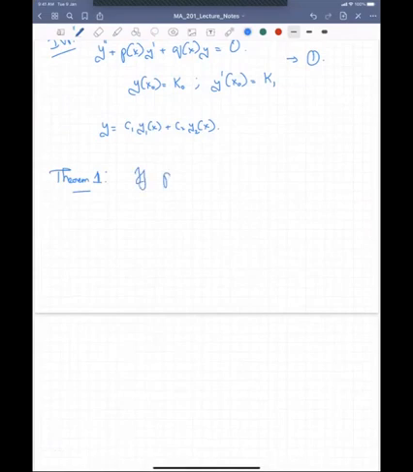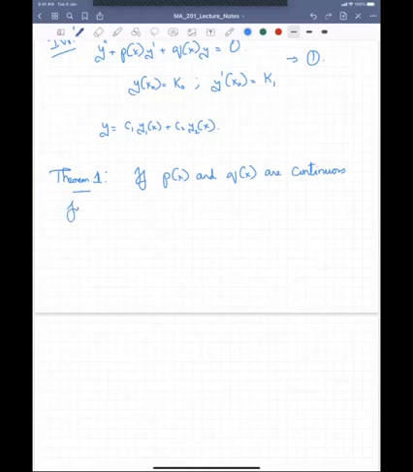If p of x and q of x are continuous functions on some open interval I, and the initial value point x0 is in I. That is important.